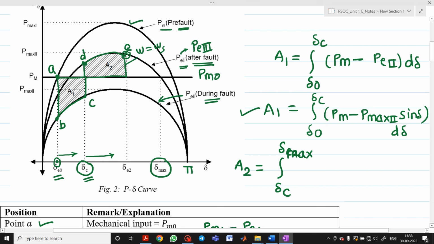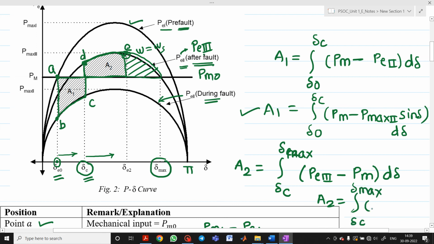Up to delta max means it will include this portion also, the total from this to this portion. What is the upper limit? The upper limit is the curve, which is the curve of PE3. So it is PE3 minus the lower limit, PM or PM0, into d delta. How can I write it? A2 will be equal to integration from delta C to delta max of PE3, how can you write it?